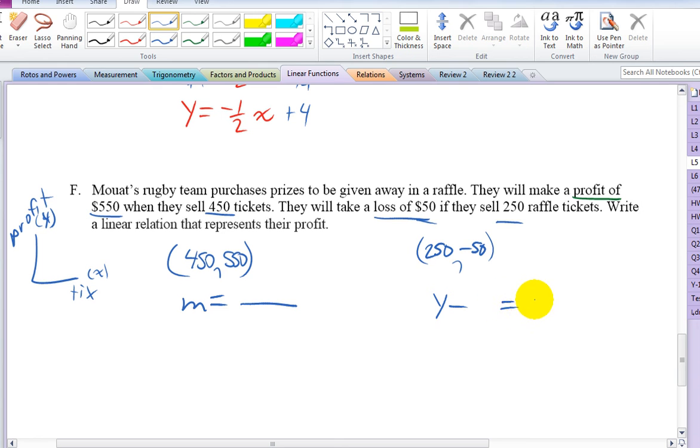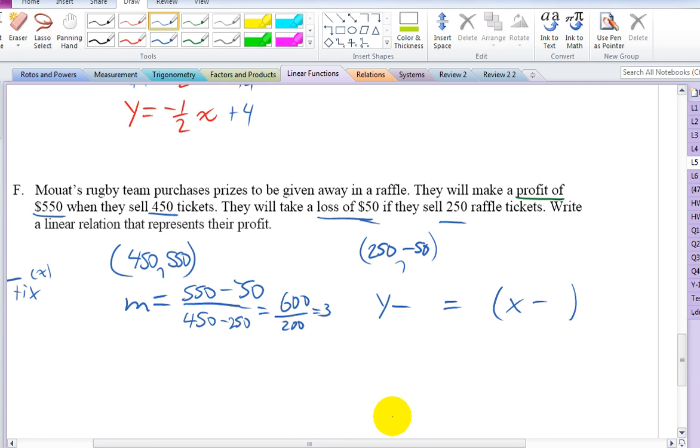Once you find your slope, you can put it into an equation. Okay, so your slope is 3. Put it into your equation.